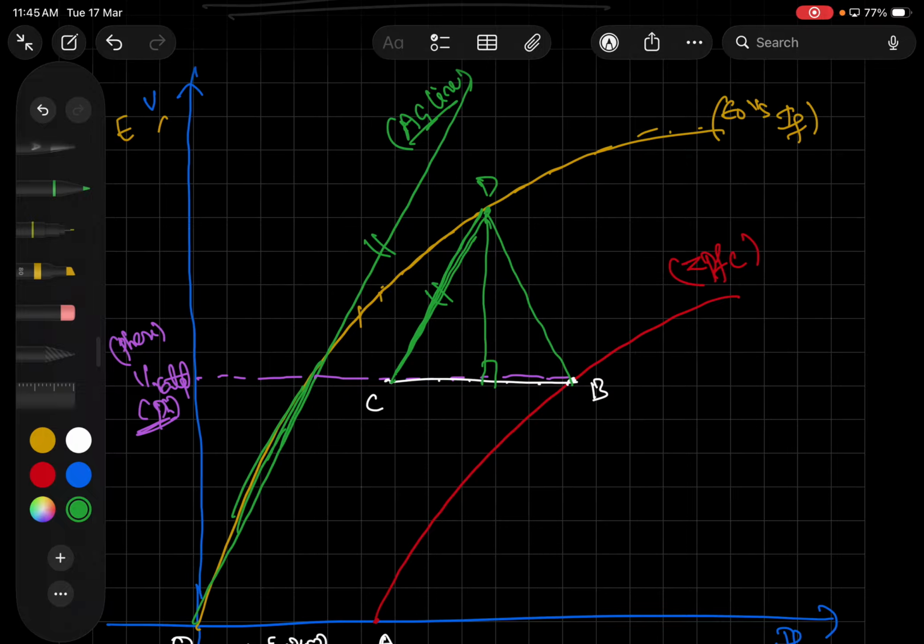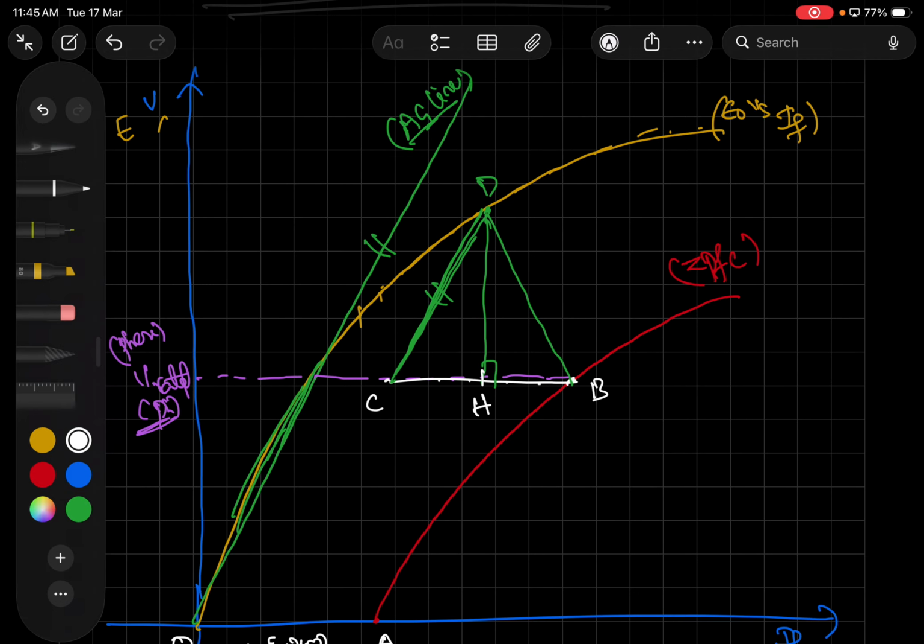Give the notation of the intersection point of the perpendicular as H.